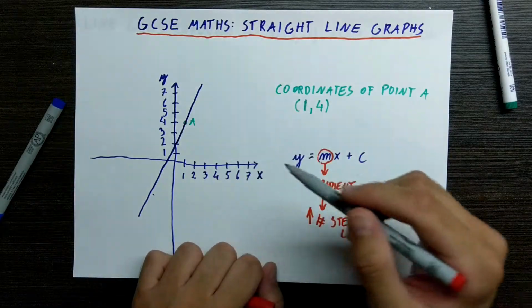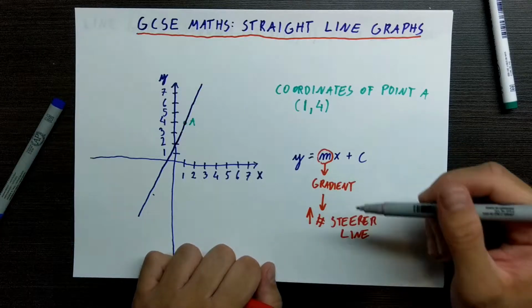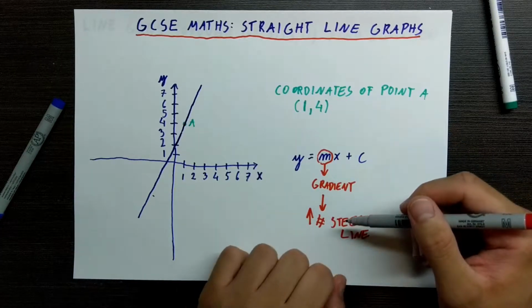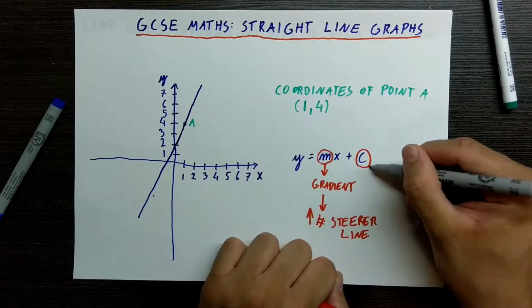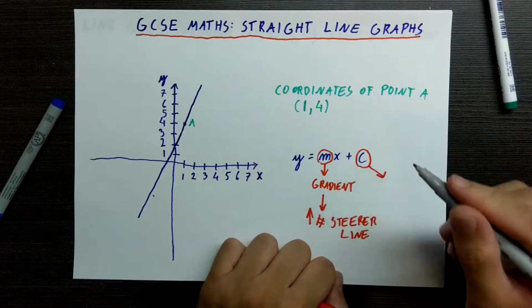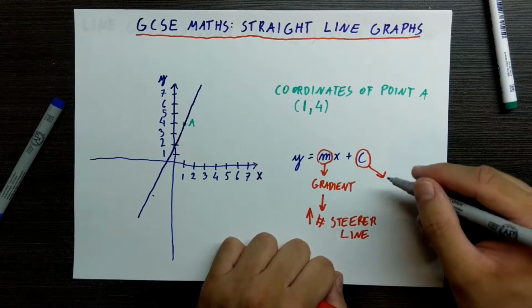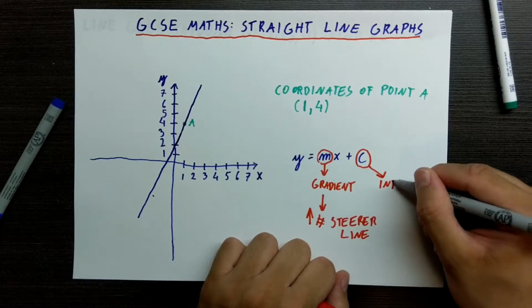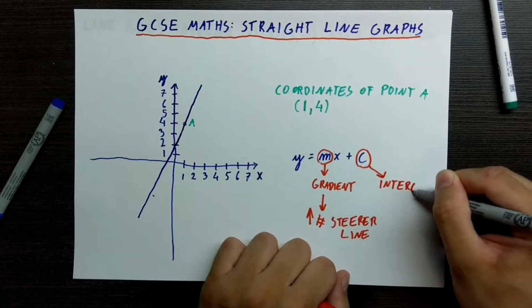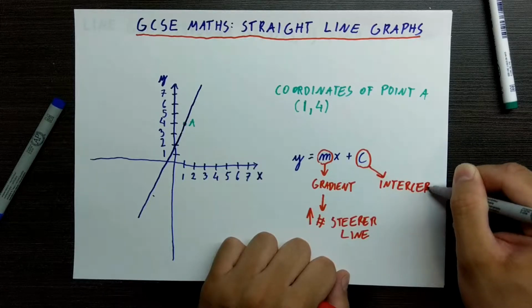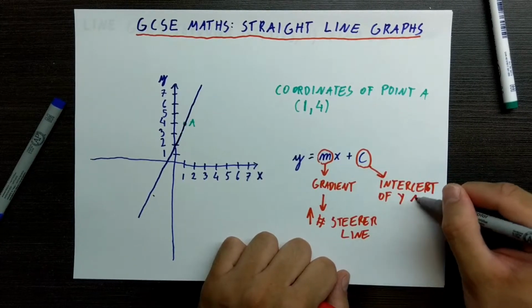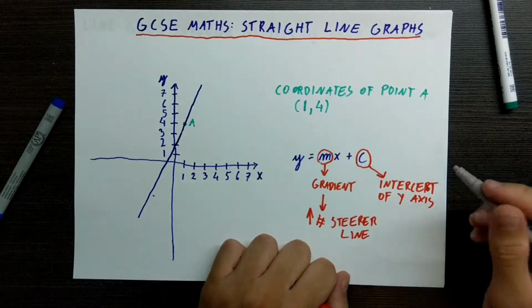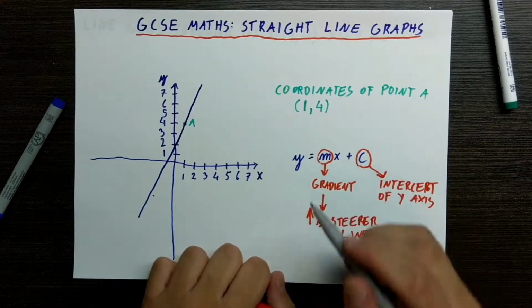Okay, so m means gradient. What does c mean? Well, c means the intercept of the y-axis. Now, what does that mean?